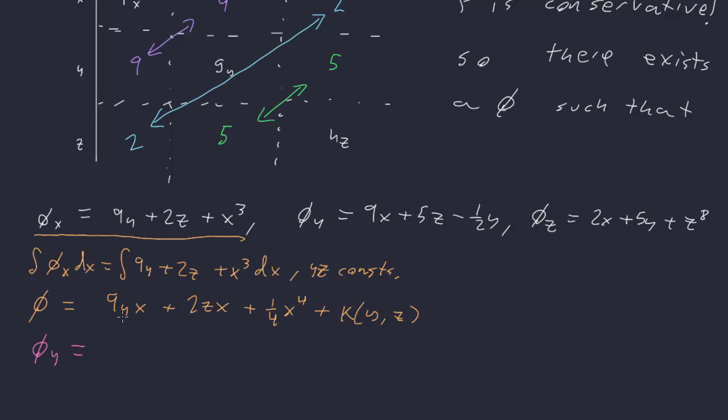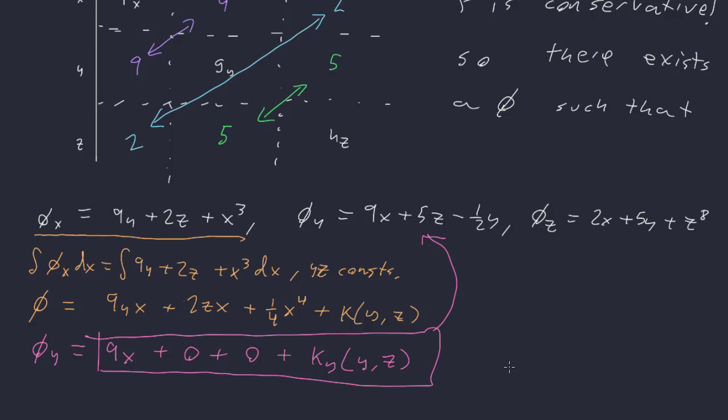We get 9x plus, with respect to y, this whole thing goes to 0, plus, with respect to y, this whole thing goes to 0. Then the derivative of this function with respect to y will be k sub y of y comma z.